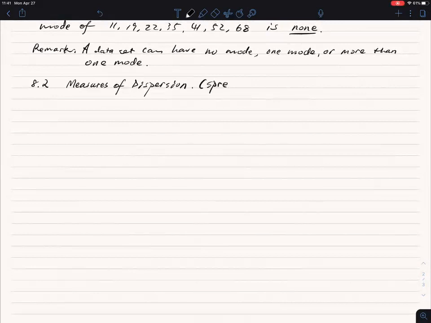To use a plain word, it's going to be spread. We're going to see how the data values spread around the mean.